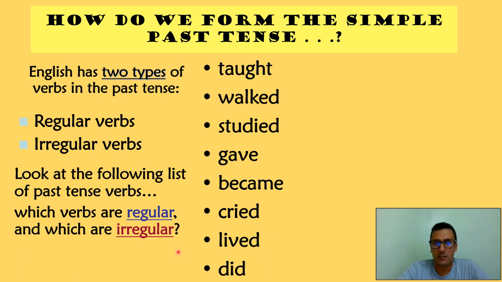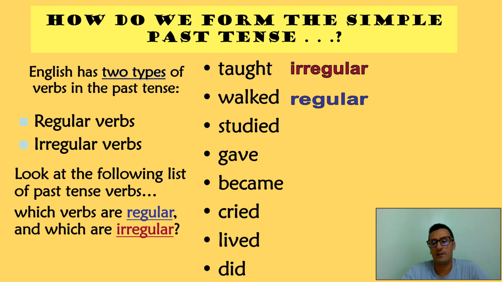Alors, taught, est-ce que c'est regular ou bien irregular? Alors, c'est irregular. This verb is irregular. Après, qu'est-ce qu'on a? Walked. Est-ce que c'est regular ou bien irregular? Donc, c'est regular. Studied, regular.